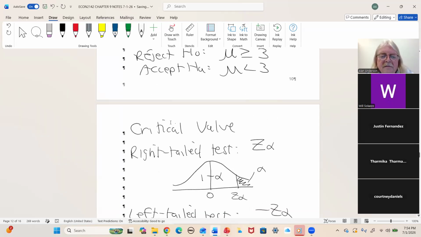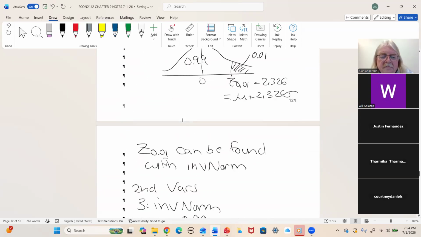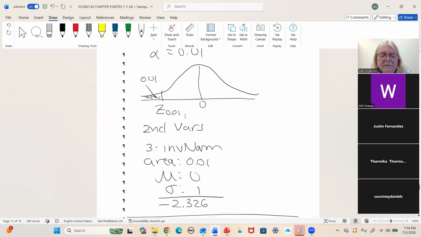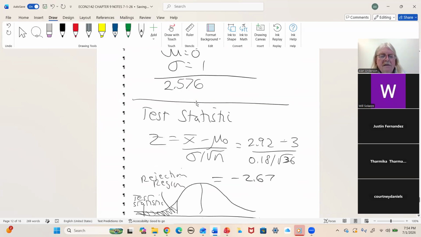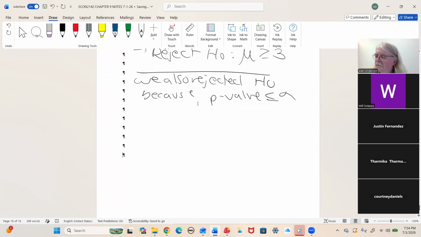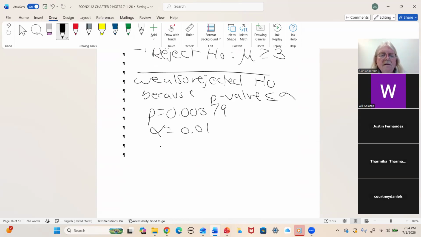That's fine. Alpha is 0.01. Reject the null hypothesis. Accept the alternative.